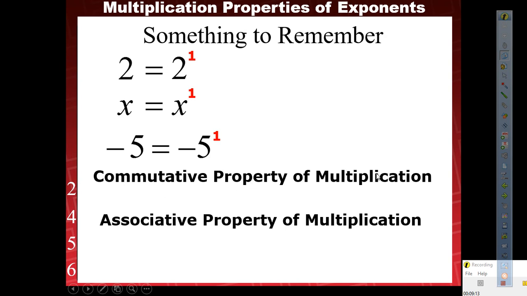Commutative property of multiplication. The word commutative comes from the word commute. Who's heard of that word before? Now, let me use it in a sentence for those of you that don't. There are teachers that commute every day from Yuma to Imperial to come teach at Frank Wright.